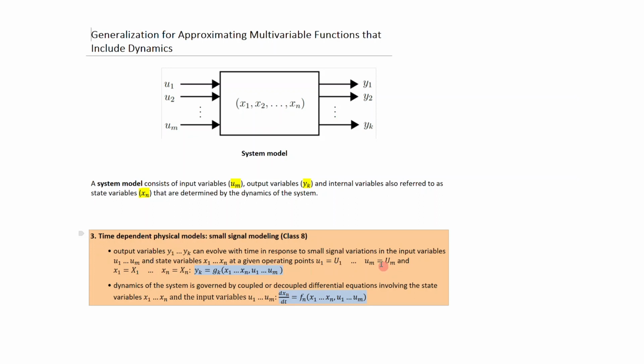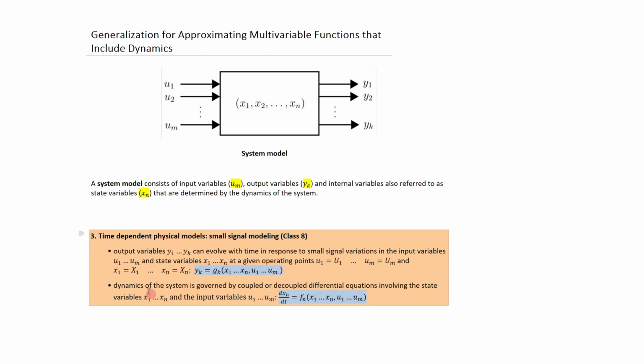Each one of these would have steady values that you're putting in. As a result, you're going to end up presumably with steady values for x1 through xn. And you're going to end up with steady values for the outputs as well, which generically are determined by the state variables and the input variables. This is more or less determining the steady state characteristics of the system.